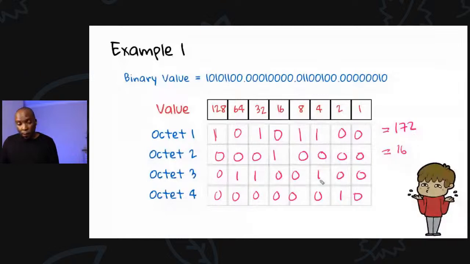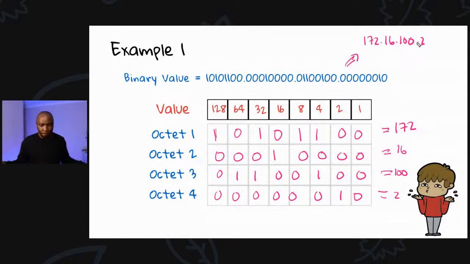The third: 64 plus 32 is 96, plus 4 is 100. And this last one is equal to 2. So what is our IP address? This is equivalent to 172.16.100.2. Is that simple, right?